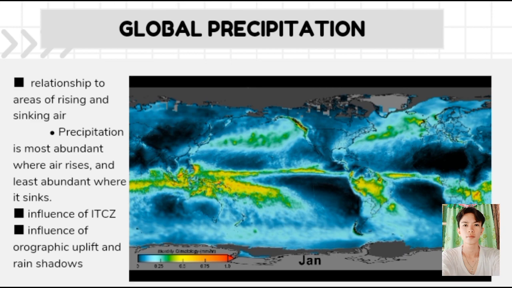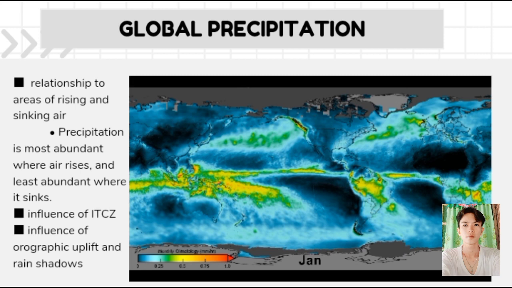That includes the floods we experience when it rains, or the mud we step on when it rains. So that is a good sample that we can see in this picture. So, precipitation is abundant where the air rises and scarce where the air sinks.